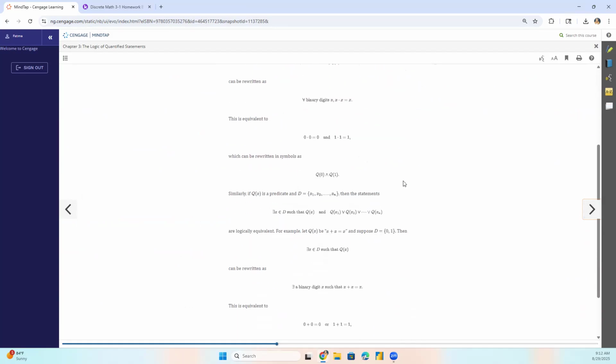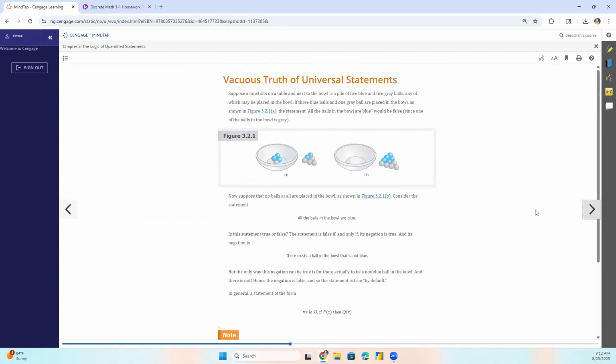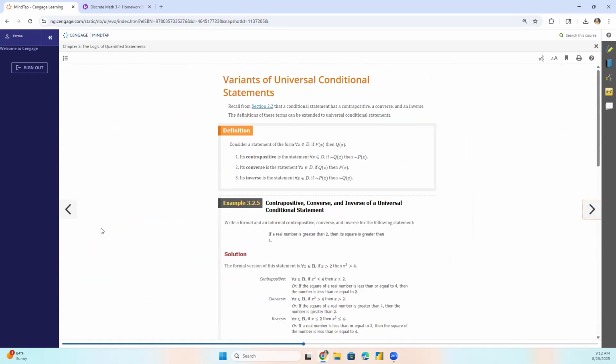So there are some rules with, for every X, there is some X, and then OR, and you can read these from the book. There's some vocabulary that they're trying to explain to you. And we need to look at the variants of universal conditional statements.